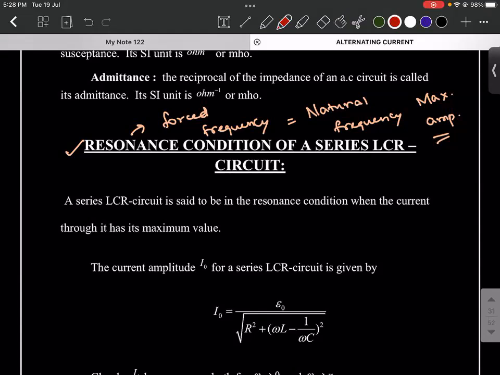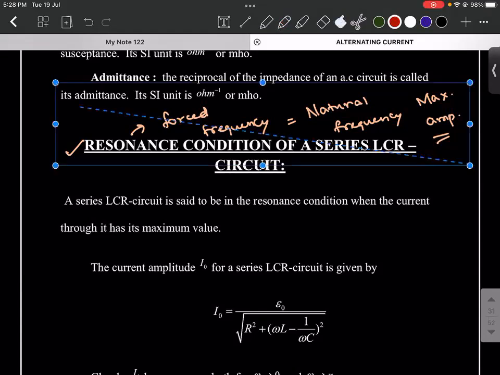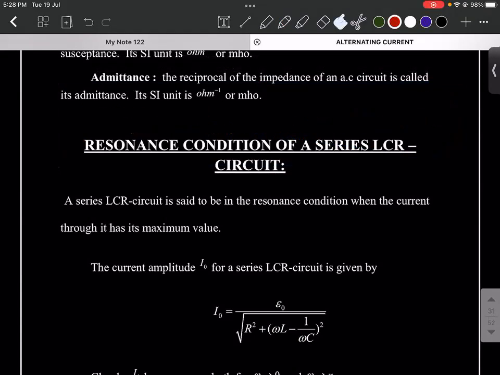But here we are not discussing a wave, rather we are discussing an electrical circuit. So what does the resonance condition of an LCR circuit mean? It is the same logic. What did I tell you at the end? I used the words maximum amplitude, right?